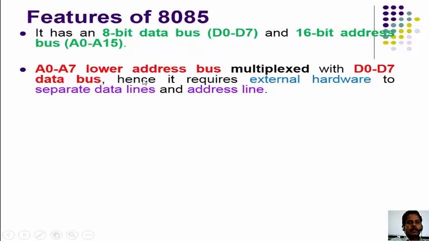Due to this, the 8085 microprocessor requires external hardware to separate the data lines and the address lines. So this is the drawback of this 8085 microprocessor.